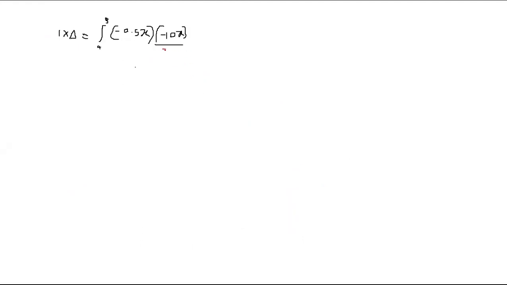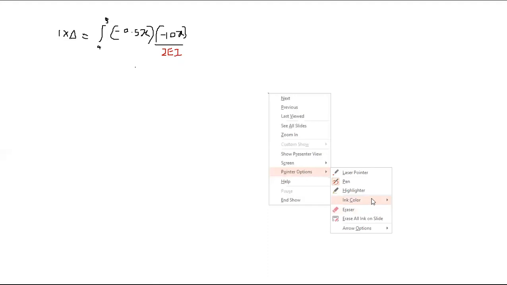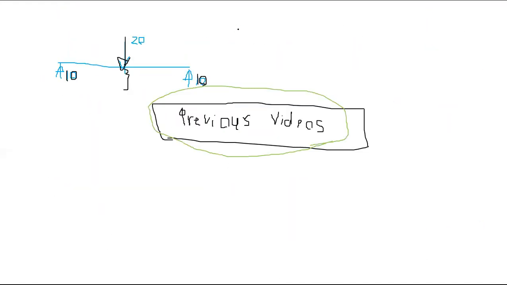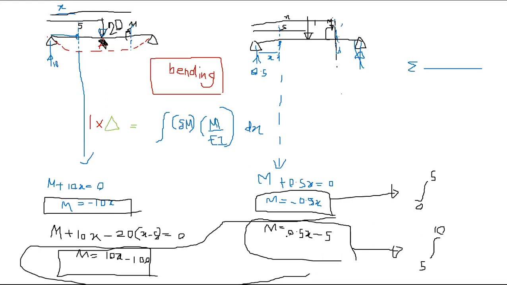This is where you take into account 2EI. So you have then 5 to 10. The bending moment is, let's say you had, this is the virtual moment, right? 0.5x minus 5.